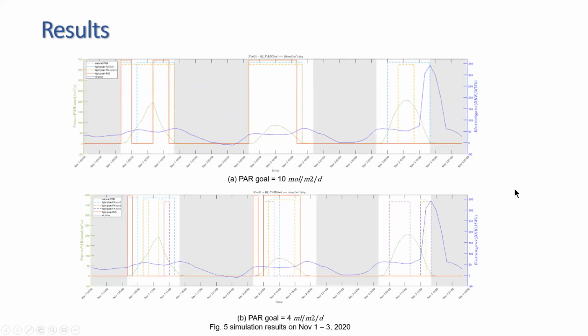And this is the simulation result from November 1st to 3rd in 2020. From this result, we can see that several dotted curves are involved. That means in these 3 rounds, the light plans of the old version are different.